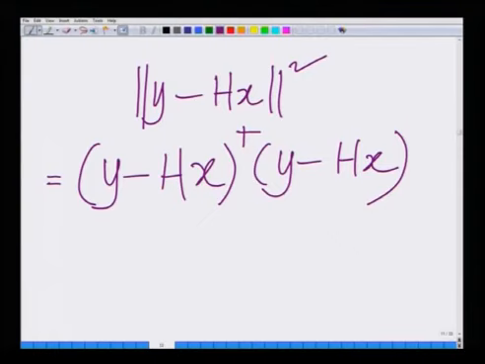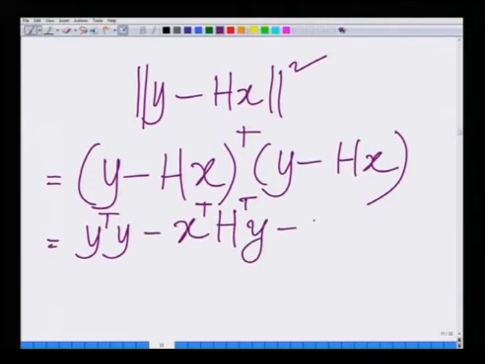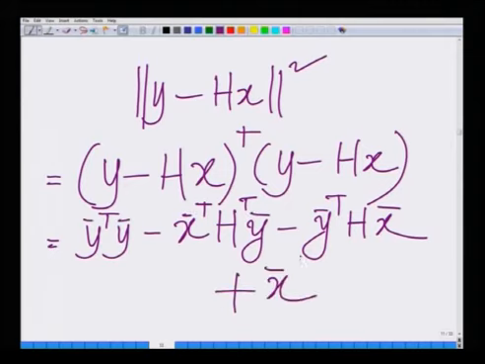This is nothing but y transpose y minus x transpose h transpose y minus y transpose h x, with a bar over all these entries, plus x bar transpose h transpose h x bar.